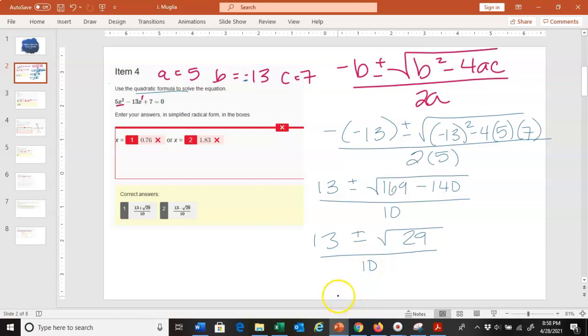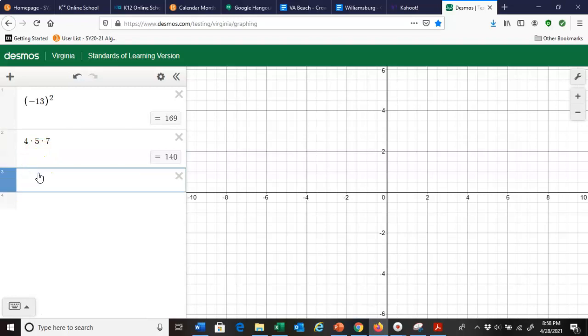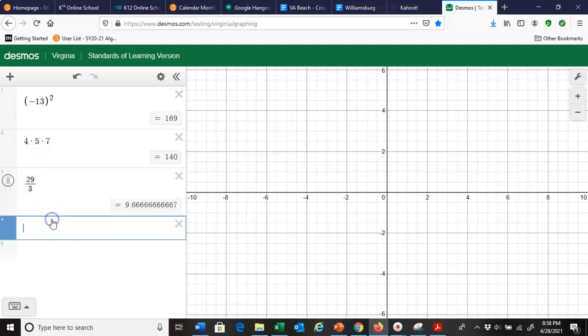Now here's where you want to make sure that whatever's under the radical is reduced as far as it will go. So if we try to make a factor tree for 29, you think, okay, what times what is 29? You can even use your calculator, like, let me try 3. No, that didn't work. What about 2? No, that didn't work.